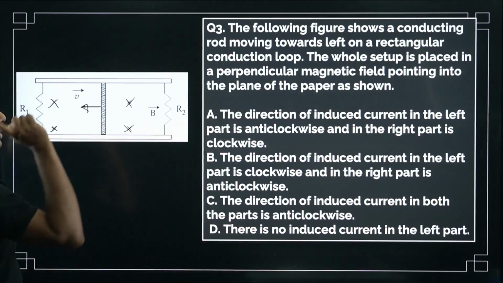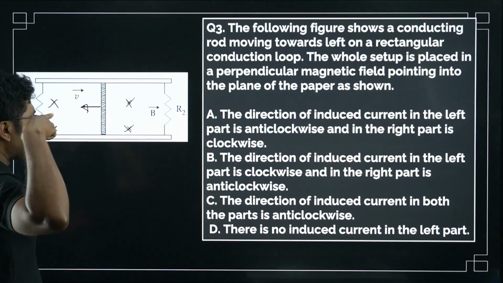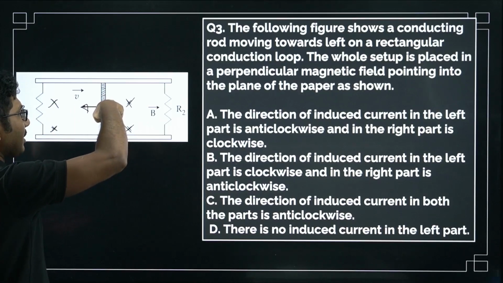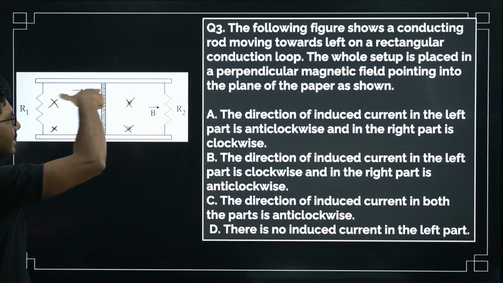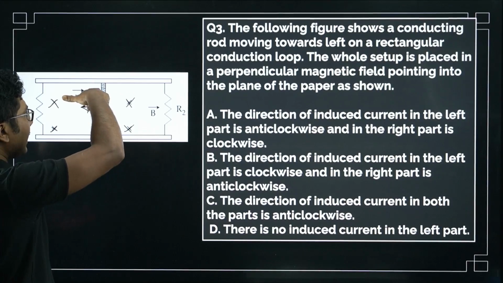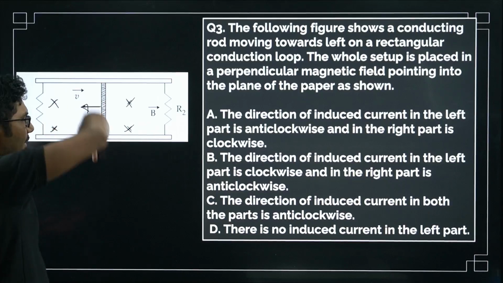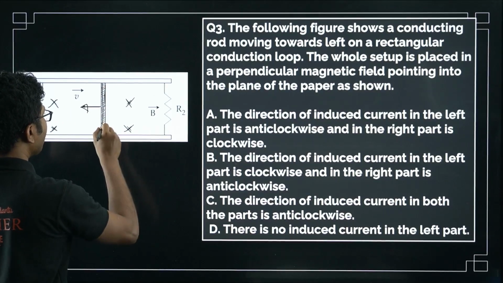We first point our index finger towards the magnetic field, which is into the page of the paper. Then we point our thumb towards the motion, and the middle finger points the direction of current, which is downward. So current is passing through the rod in the downward direction.